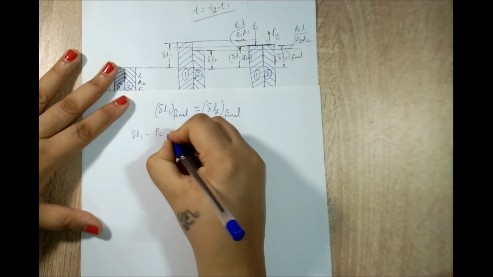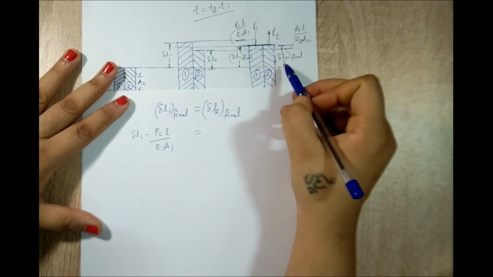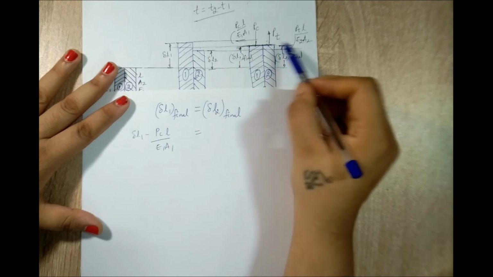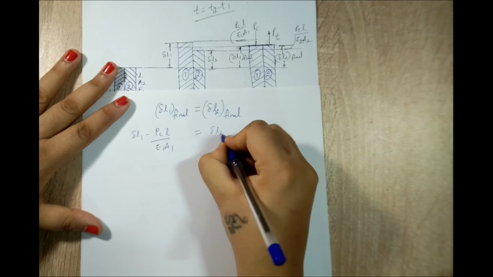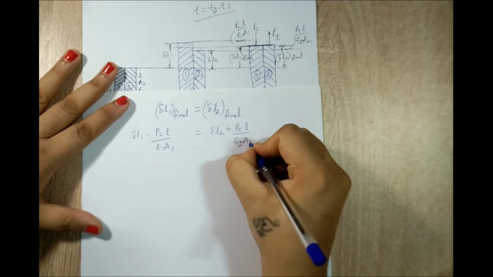So it is PC L upon E1 A1, equal to delta L2 final, which is delta L2 plus the amount of extra expansion that has taken place. So I'll write delta L2 plus PT L upon E2 A2.